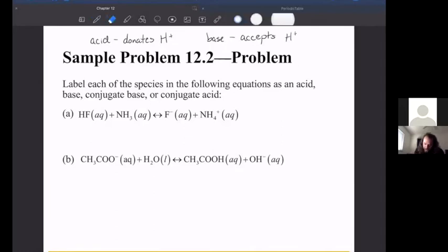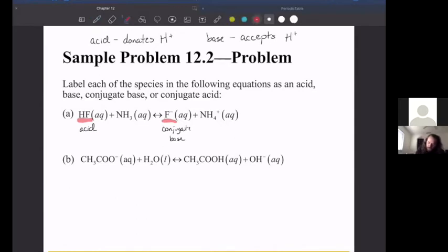So we can just take it one at a time here. HF, find the counterpart on the other side. That's just F-. Did it donate a proton or did it accept a proton? So in this case, the hydrofluoric acid plays the role of an acid, and the fluoride ion is its conjugate base.